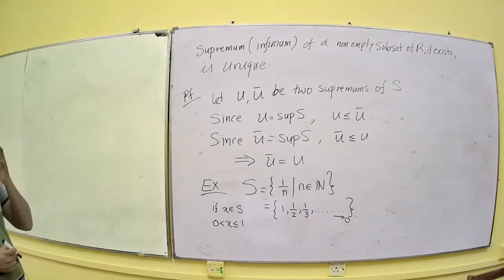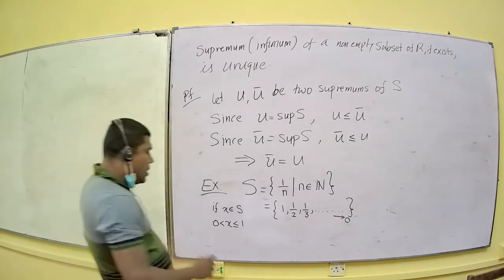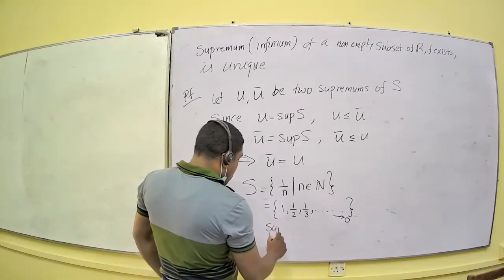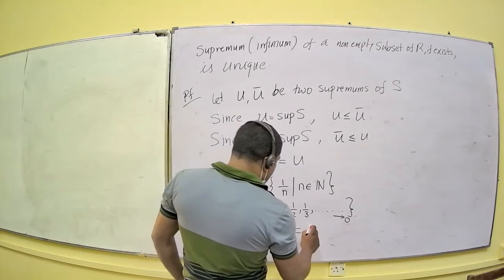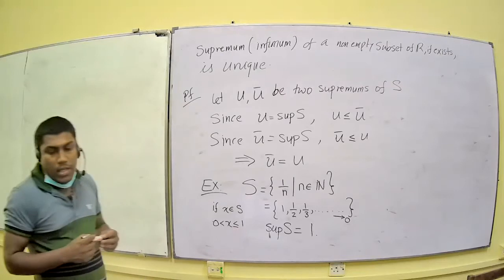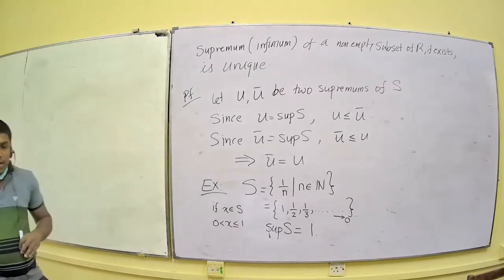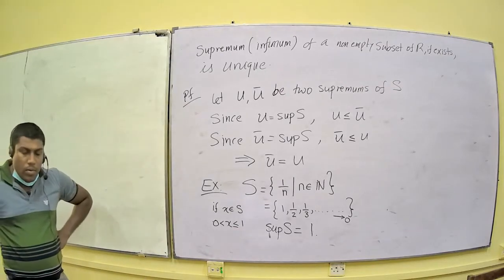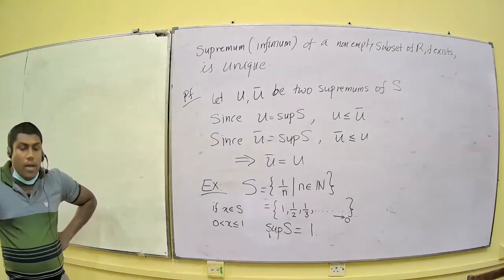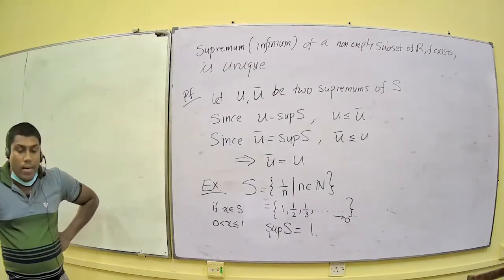So intuitively, you can see that the smallest upper bound you can have is 1, because all the elements in the set are less than or equal to 1. So that means 1 is an upper bound, and any other upper bound you find for this set is bigger than 1.